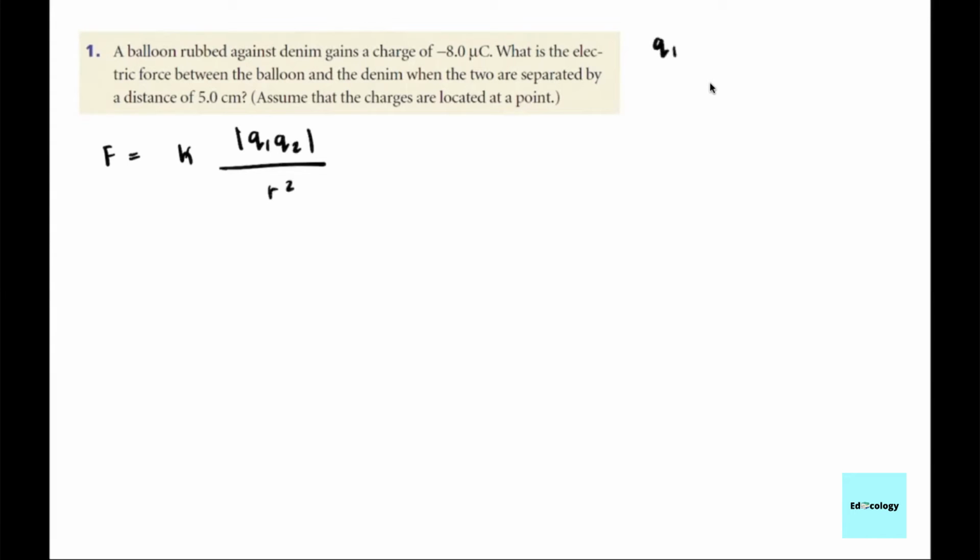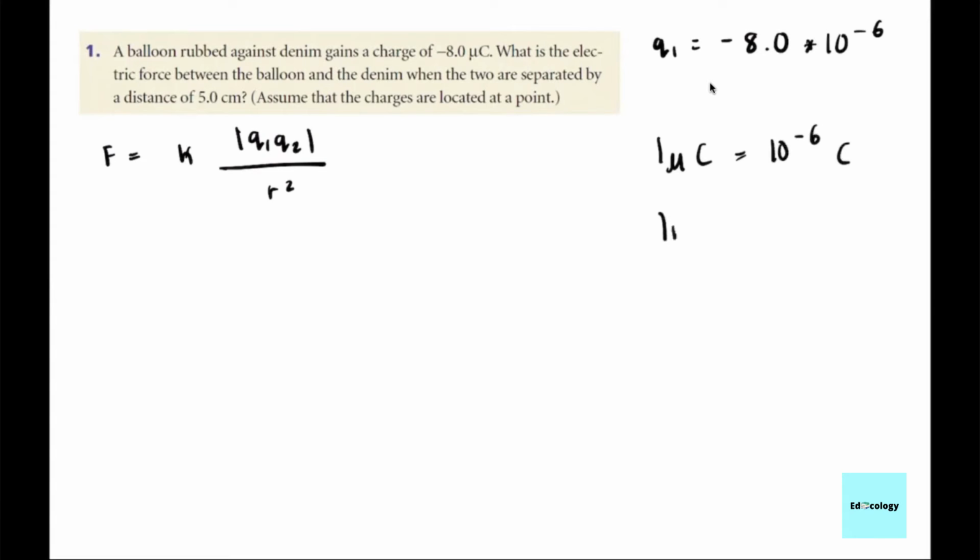Here Q1 is equal to negative 8.0 times 10 to the power of negative 6, because remember, you should take note of this: 1 microcoulomb is equal to 10 to the power of -6 coulombs.